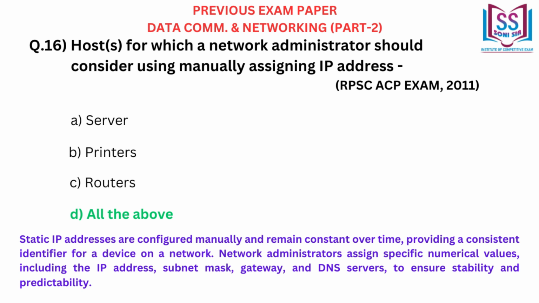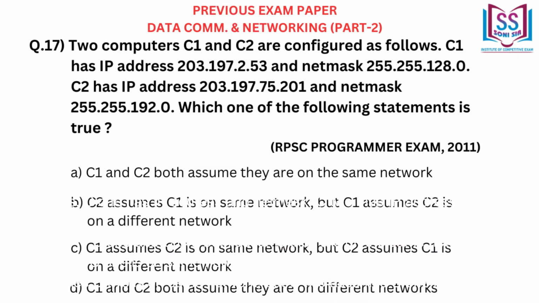Two computers C1 and C2 are configured as follows. C1 has an IP address and net mask. C2 has an IP address and net mask. Which one of the following statements is true? A. C1 and C2 both assume they are on the same network. B. C2 assumes C1 is on the same network, but C1 assumes C2 is on a different network.